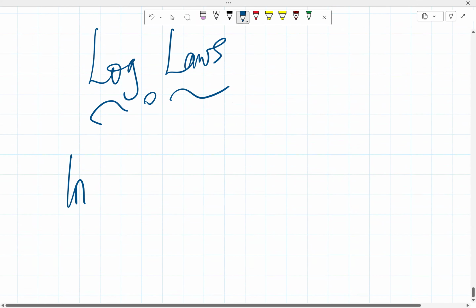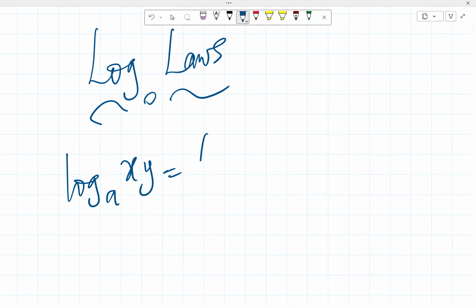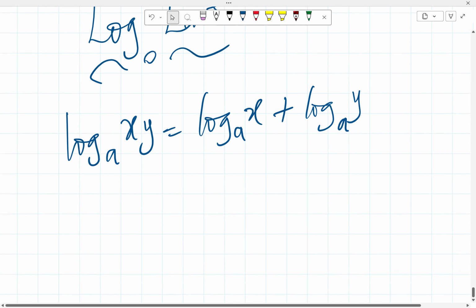Or maybe I should pick a particular base. So let's say log to base a of x times y is always equal to log x to base a plus log y to base a. We had that. That's the product law.